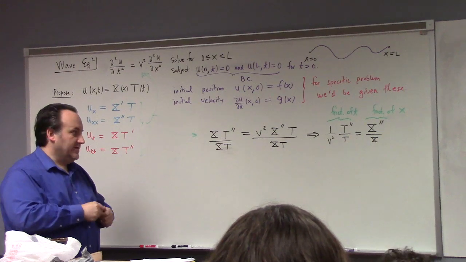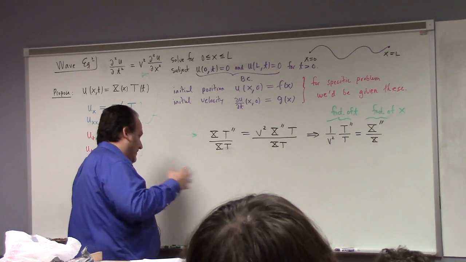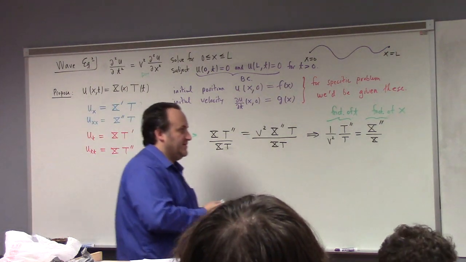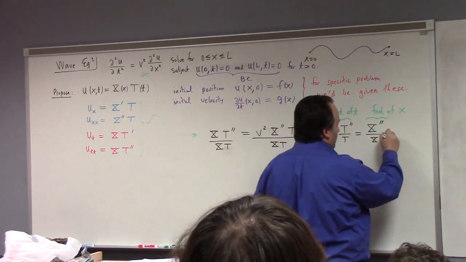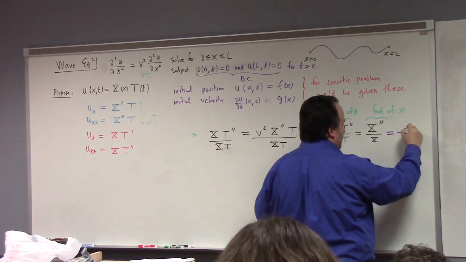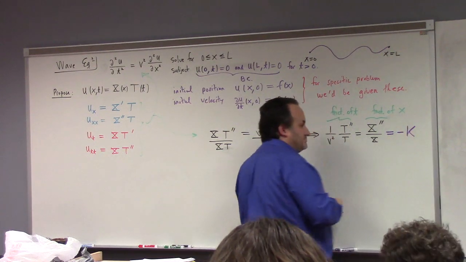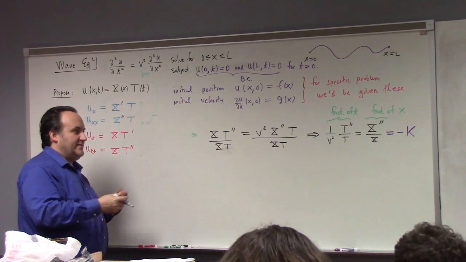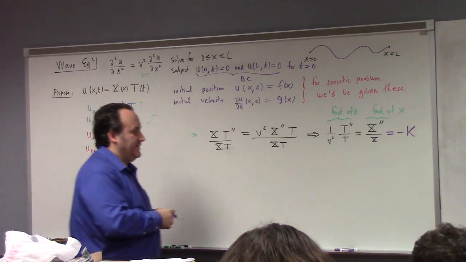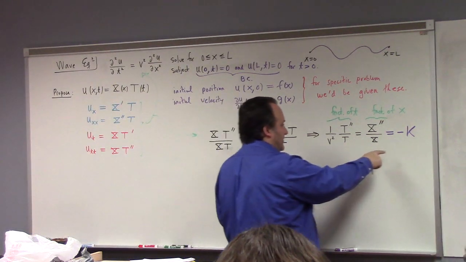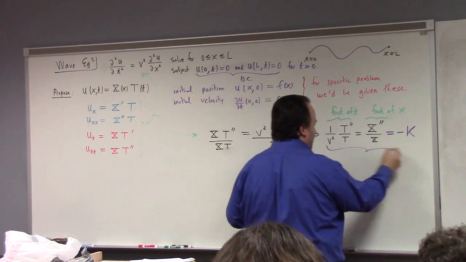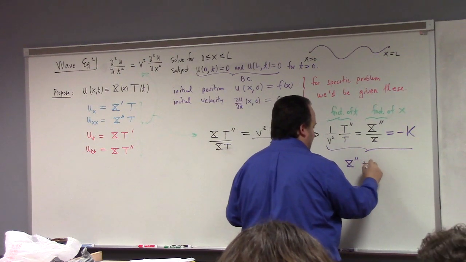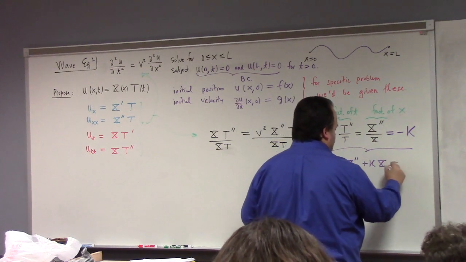For reasons of making a direct connection with my notes and the four propositions that give you nice results, we'll say this is equal to minus some constant. We don't know what that constant is yet, but there has to be some constant. The reason I'm making the constant minus is so that this becomes X prime prime plus kX equals 0.